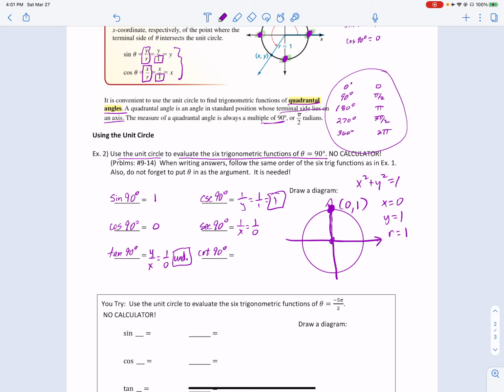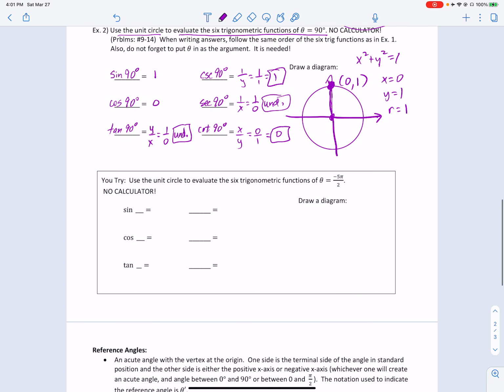You can't divide by 0, so the secant is undefined. And cotangent is x over y, so that is going to be 0 over 1, and that simplifies to 0, and you need to write 0. You can't leave it 0 over 1. So why don't you try it? Try it with a negative 5 pi halves and see how you do.